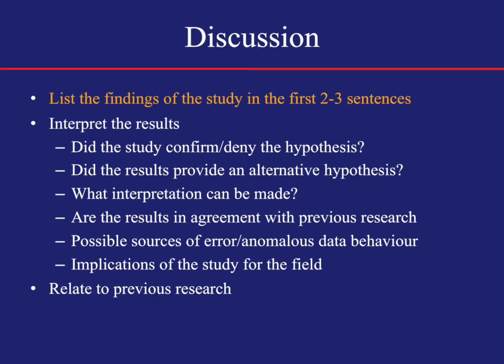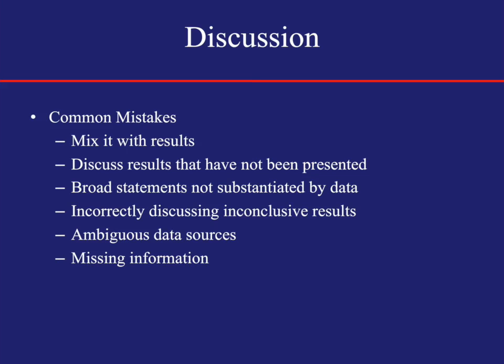So it is important to discuss them as possible sources of error, but also to discuss the possibility of abnormal behavior of some patients. And always relate your paper to previous research.